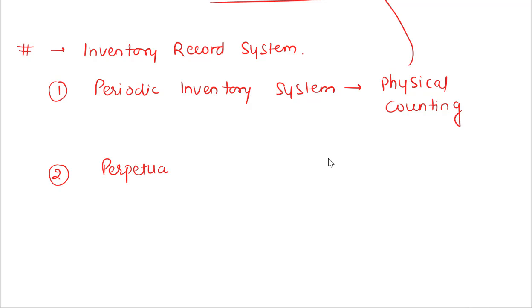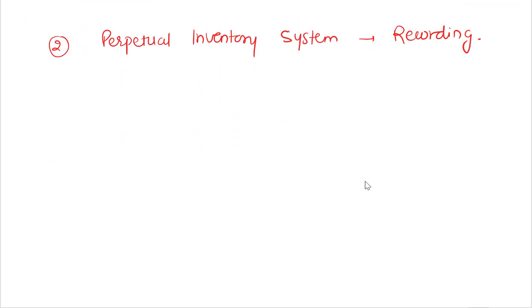The second is perpetual inventory system, on the basis of recording. How do we do the recording? Whenever we receive, we record purchase.